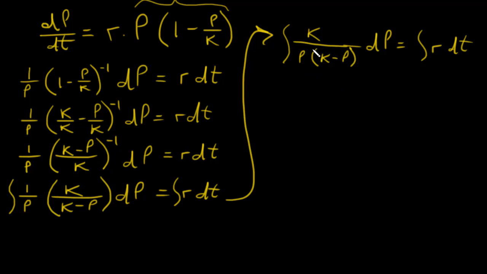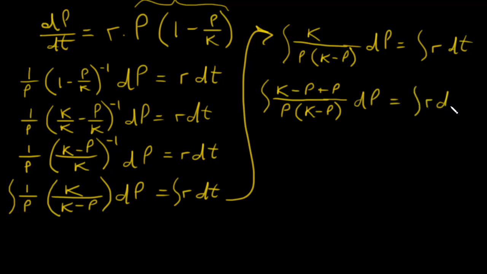Now, this looks like a terrible integral, but we are going to perform a really elegant trick. We're going to say this is the same as the integral of (K minus P plus P) over P times (K minus P) dP equals the integral of r dt.